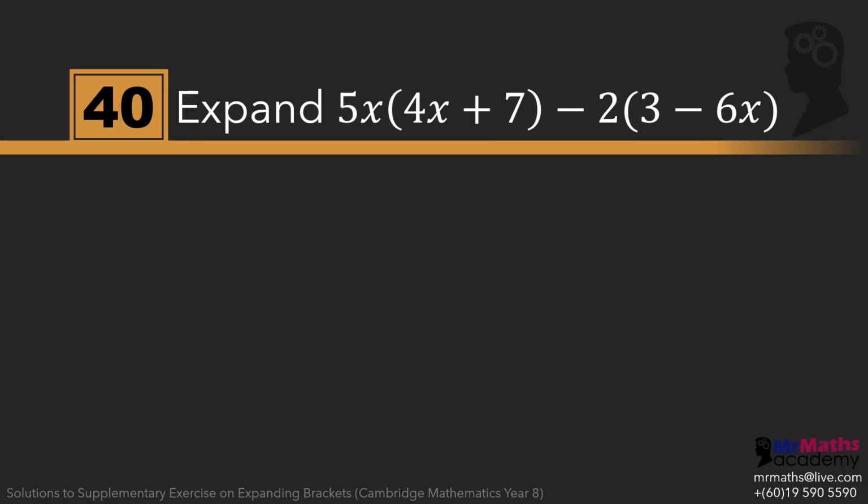Question 40. 5x times 4x plus 7, minus 2 times 3 minus 6x. We have a minus coefficient again, so I'm going to enclose the negative numbers inside their own bracket.